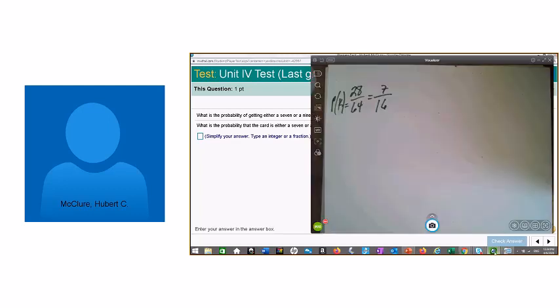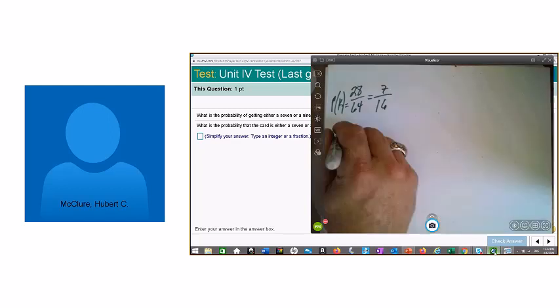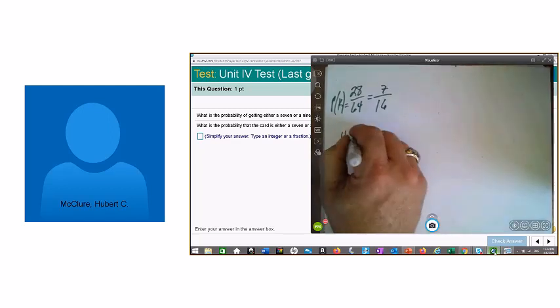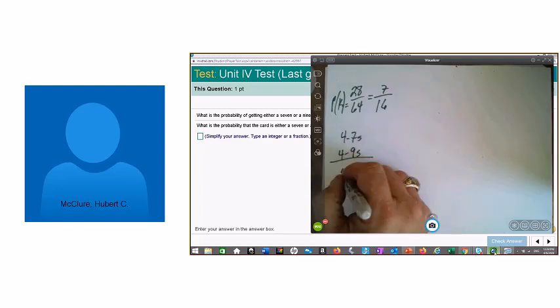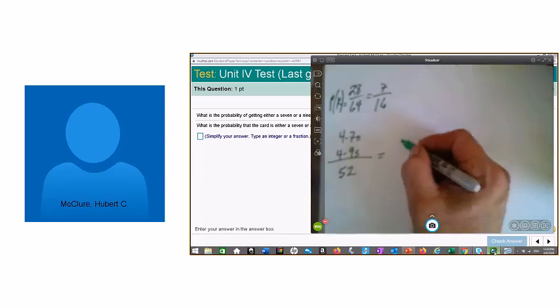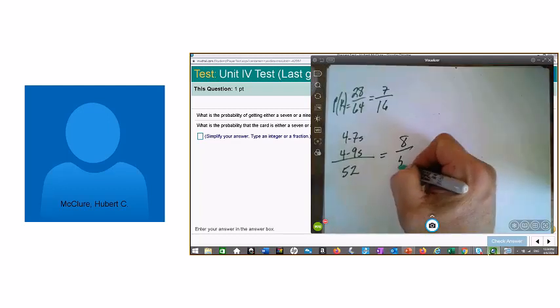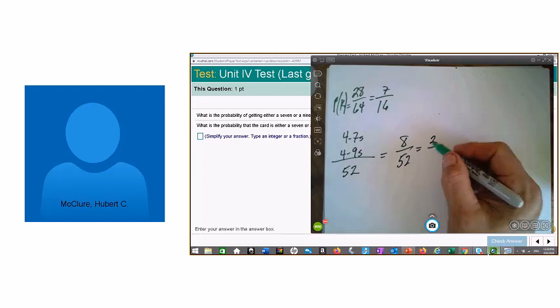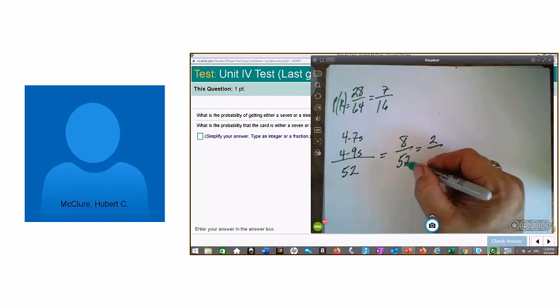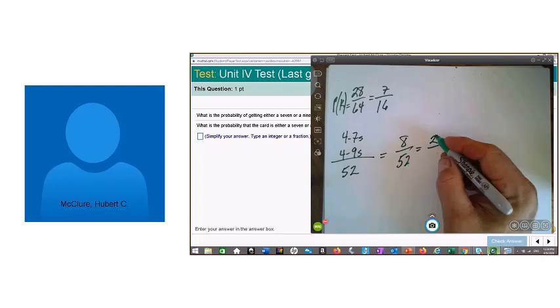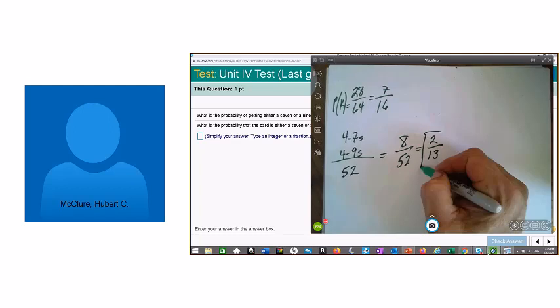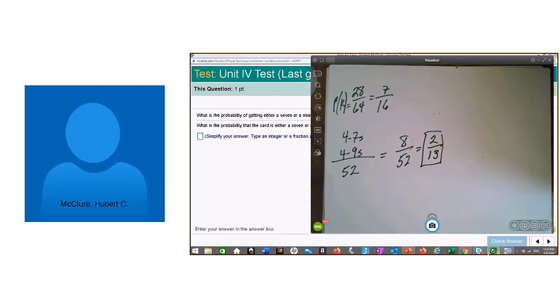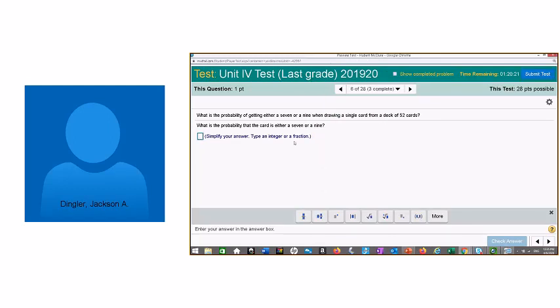So in this case, you'd have 4 7s and 4 9s all over 52. So your probability would be 8 over 52, which is 2 over, I know 4 will go in there, 13 times. And that should be your answer. So that would be 2 over 13.